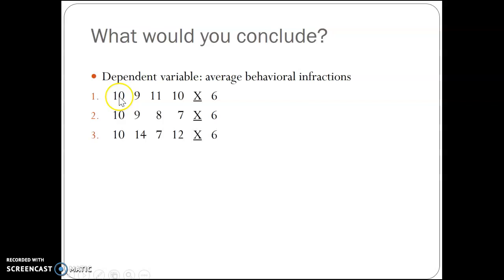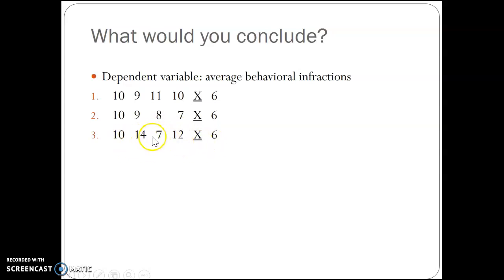Here you can see the behavioral infractions: you got 10 in the first observation, then 9, 11, 10. You have some relative stability here. Here you can see it's 10, 9, 8, 7 through the first 4 observations. It's already declining. And here, this is all over the place: 10, 14, 7, 12, up and down.